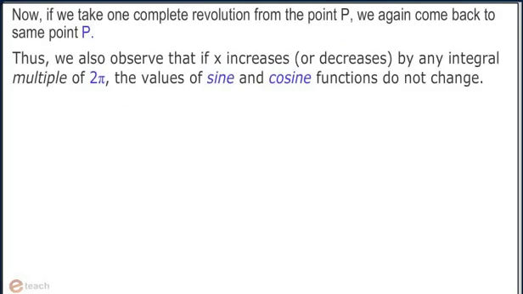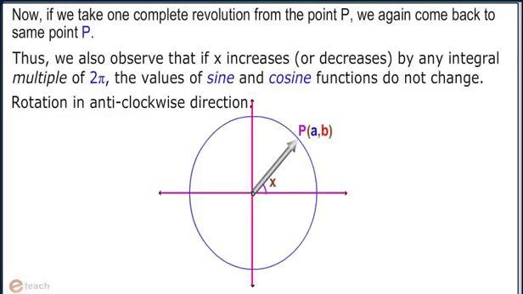Now, if we take one complete revolution from the point P, we again come back to the same point P. Thus, we also observe that if x increases or decreases by any integral multiple of 2 pi, the values of sine and cosine functions do not change.